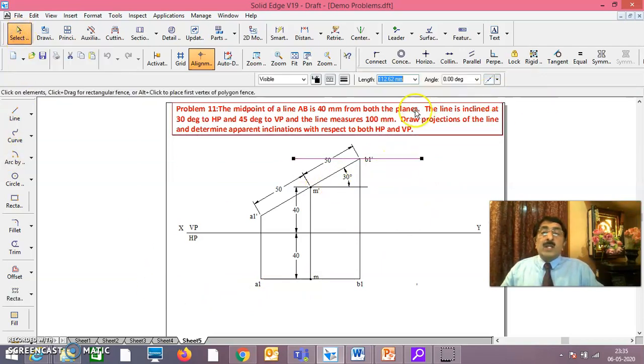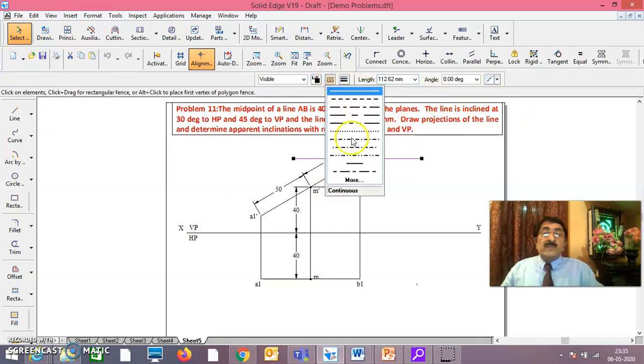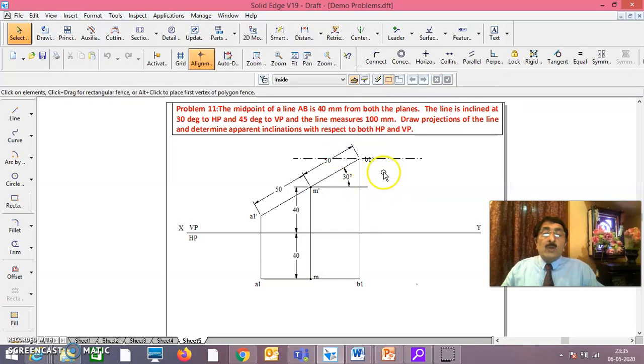You click on this and you have the locus, that is different font types, and this is locus representation; you write it. Now as you see here, this is B1 dash.